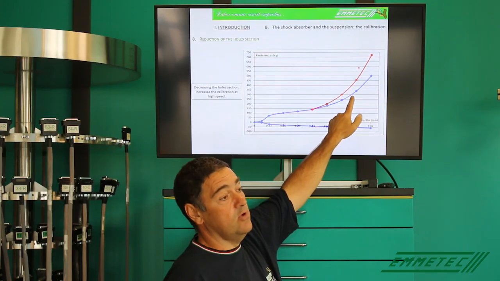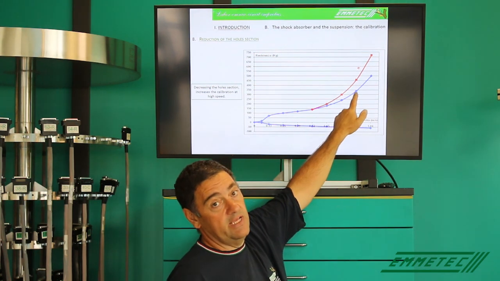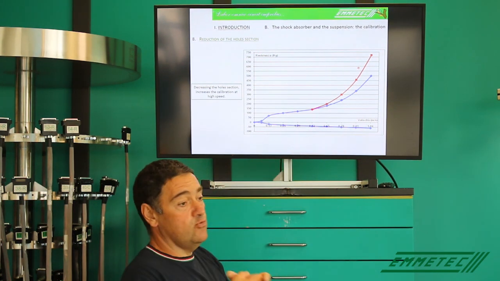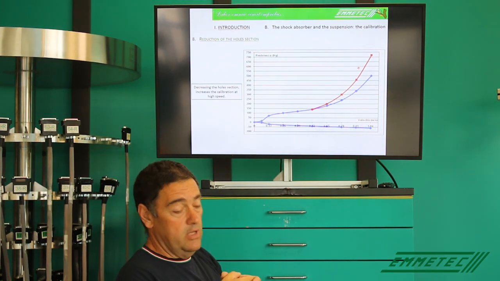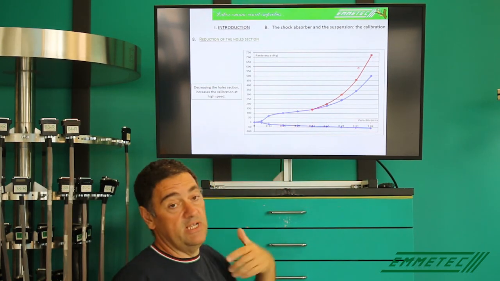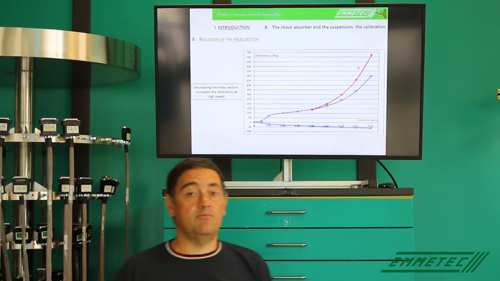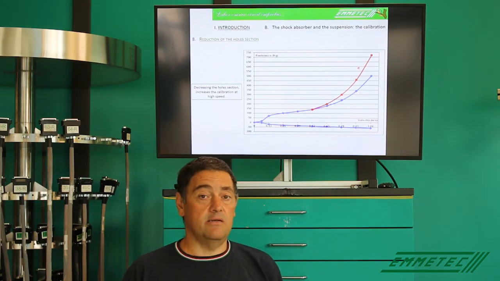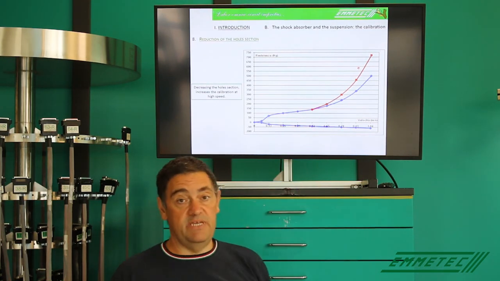Or we will start to have turbulence only at very high speeds. Suppose that we make pistons with smaller holes. We will have to have turbulence in advance, and the shock absorber will get harder at lower speeds.